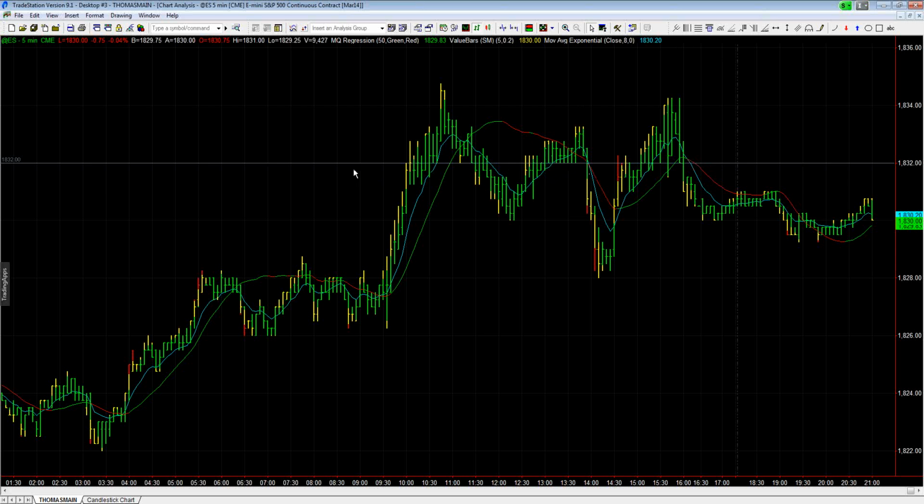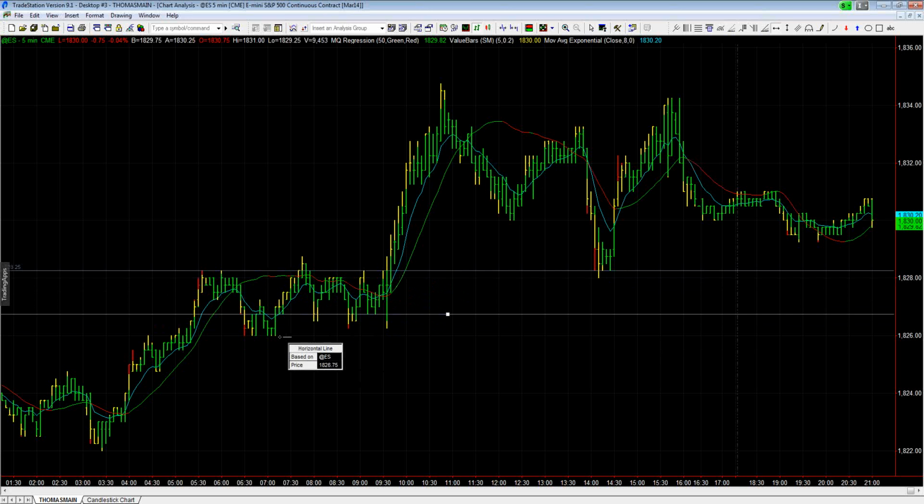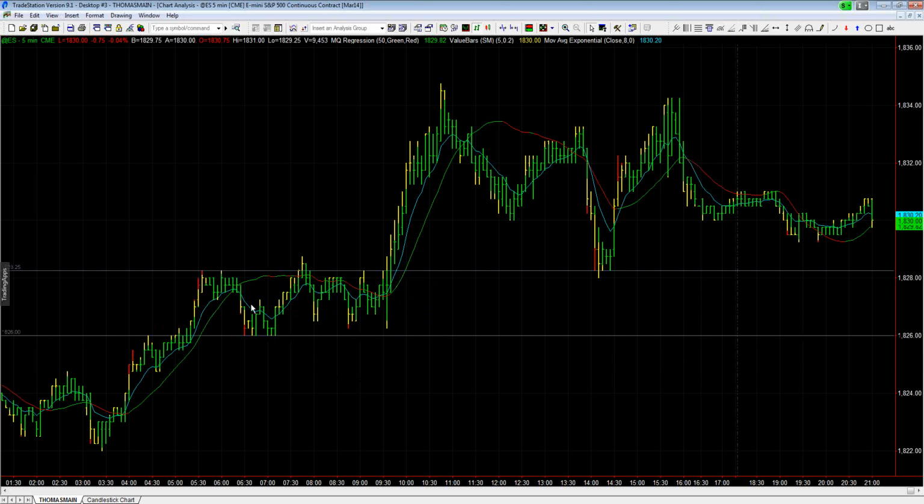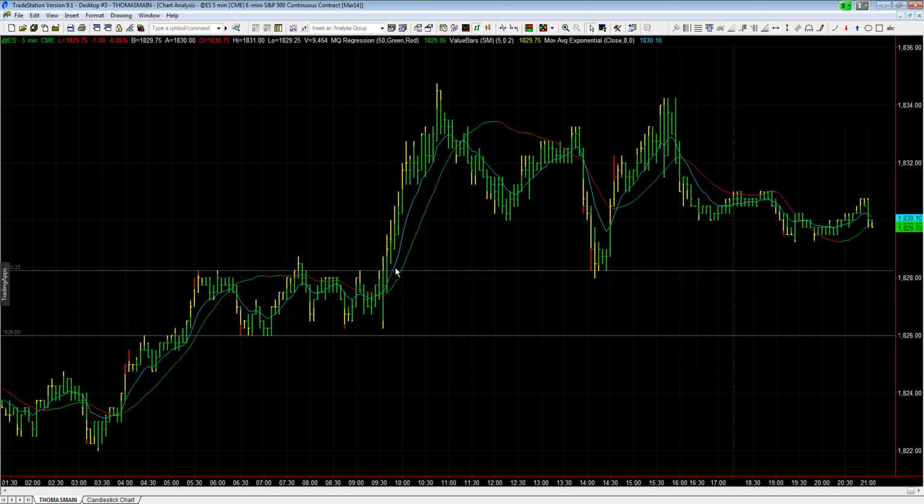You could have been trading a consolidation period right here. You had a sideways channel basically in the S&P. You're bouncing up off the highs and lows a few times, finally broke out and climbed a pretty decent amount. Again, they'll happen on just about every market out there throughout the day.